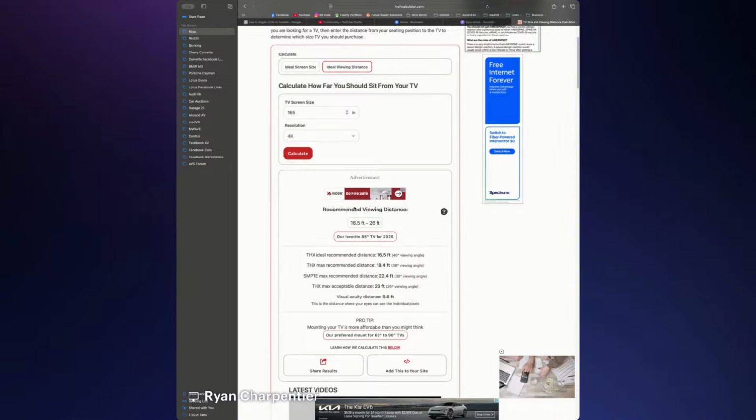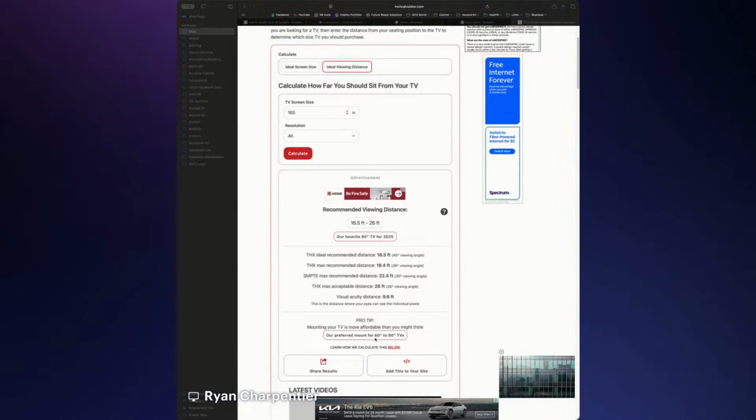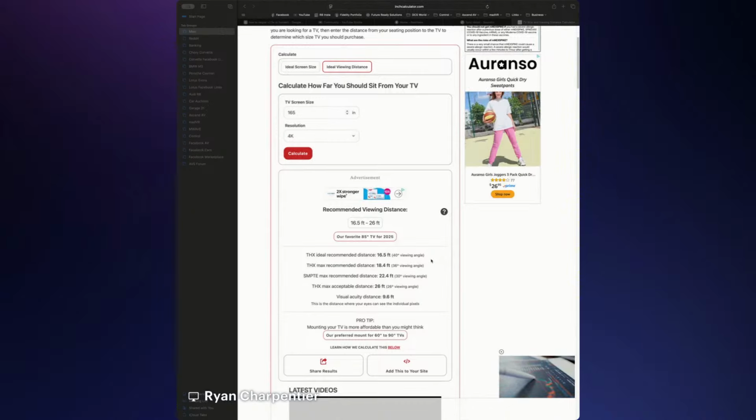That's crazy. I realize that's the long part of it, but that's insane. And supposedly, that's the THX ideal recommended distance. I guess their ideal is 16 and a half feet. That's still double my viewing distance right now.